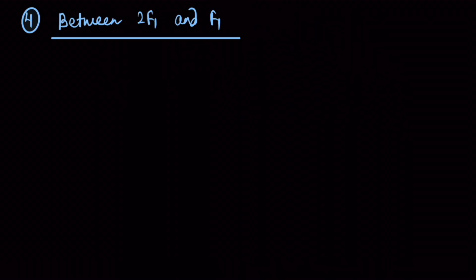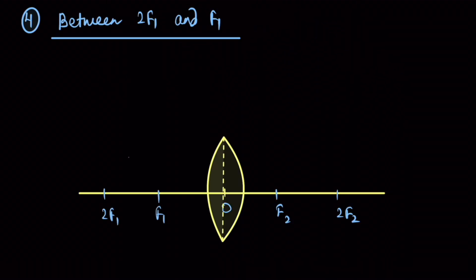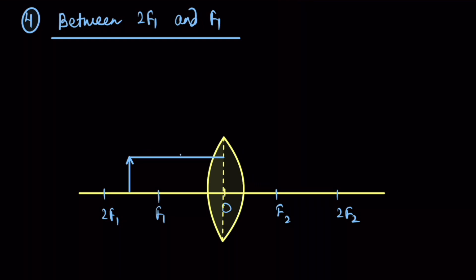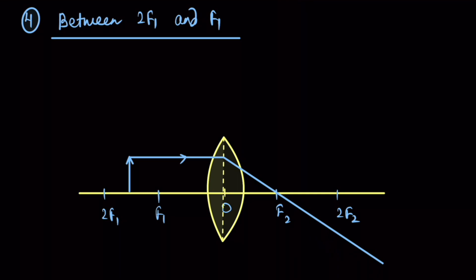So let's draw the convex lens. Here the object is present between f1 and 2f1. Let's take the two incident rays. One is parallel, so it will pass through f2. And second, we take the ray through the optical center.